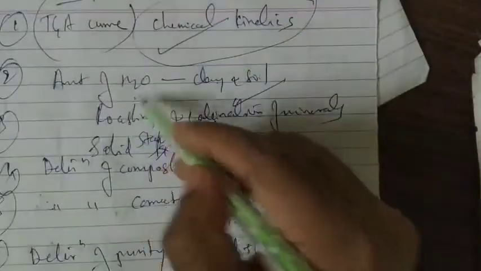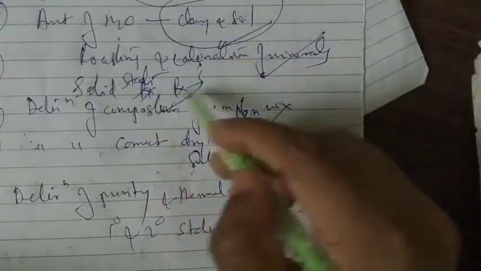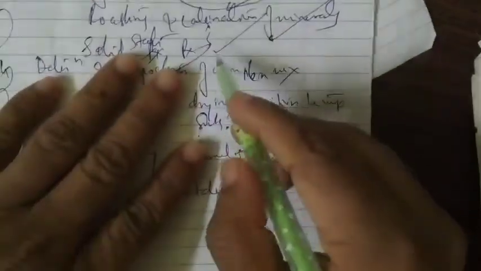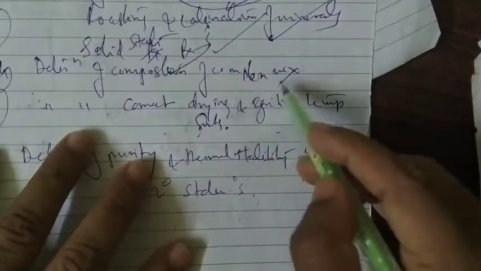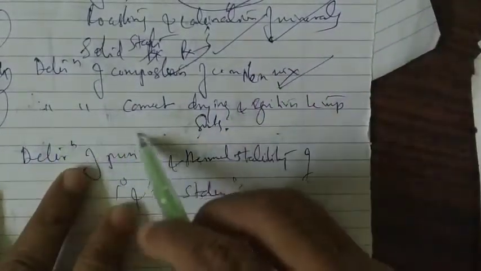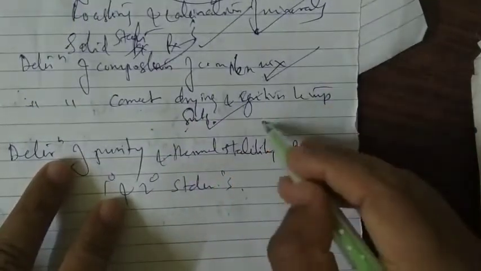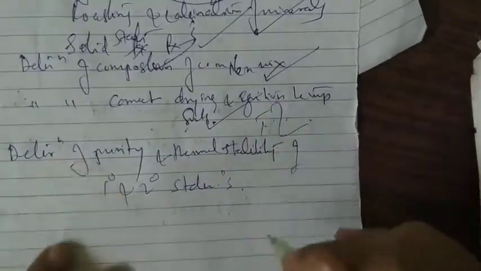So the first important thing is chemical kinetics; second is the amount of water present in clay and soil; in metallurgy, roasting and calcination of mineral systems; and wherever solid state reactions are there, TGA is definitely very useful. Determination of composition of complex mixtures, so in coordination it definitely helps. The determination of the correct drying and ignition temperature, since temperature is involved, that curve is going to help us.